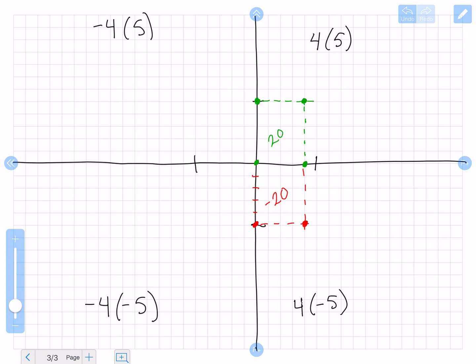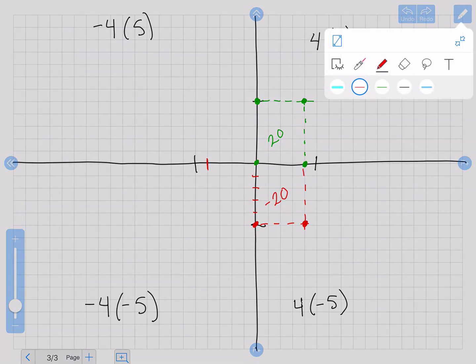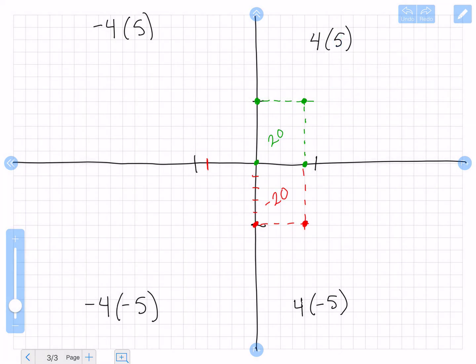Then I find negative 4 on the x-axis and negative 5 on the y-axis. Once again, I find the place where those intersect, and I make a rectangle out of that.